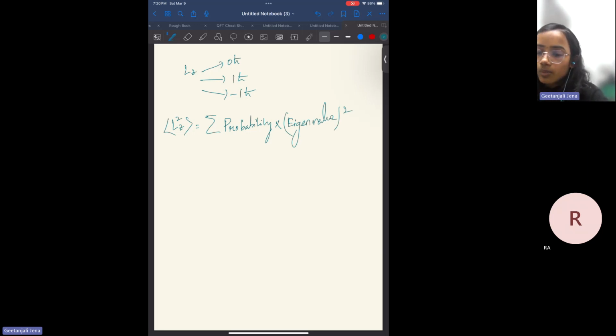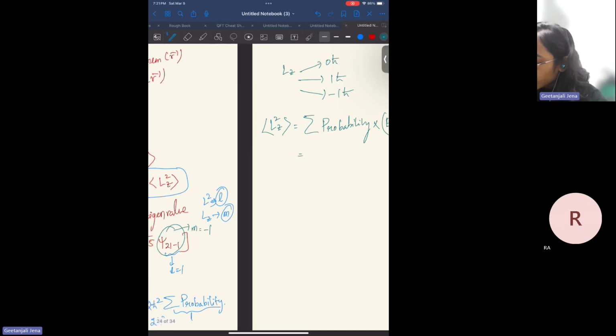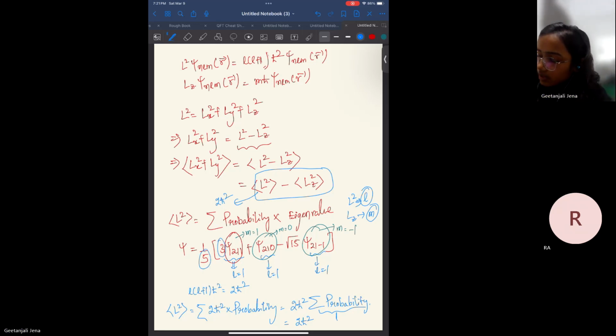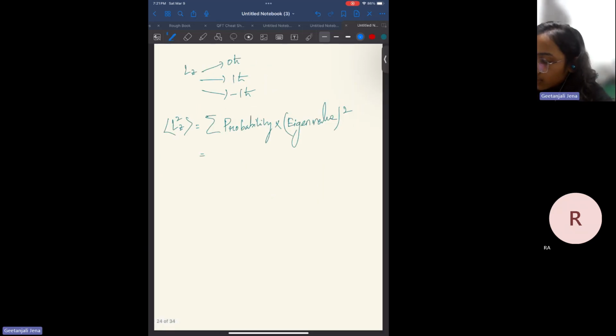So you will get the square of m h cut square. The probability you get from the coefficient for m equal to 1. You are saying that the coefficient is 3 by 5. So that means it is (3 by 5) square h cut square.